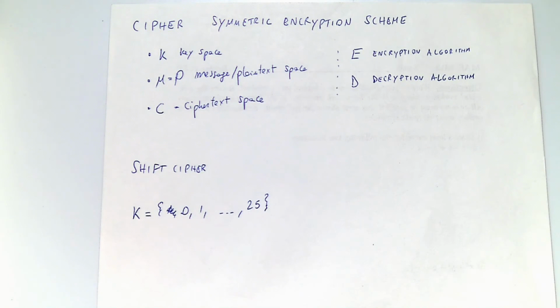One thing I didn't tell you, but you probably realized yourselves, is that this integer is limited to 25. If I shift by 26 letters, I'm back to the origin, of course.